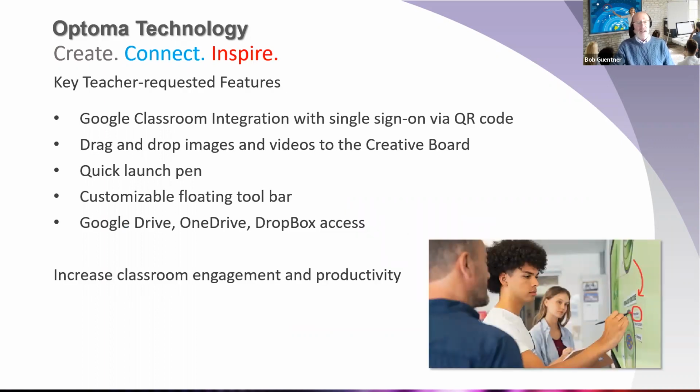So again, one of the key things that we talked about was Google Classroom integration. So you have the single sign-on, you have the quick response code, a QR code that allows you to automatically connect when you have your phone up to the screen, take a picture of it, and you go right to that, and you can access the Google Classroom.